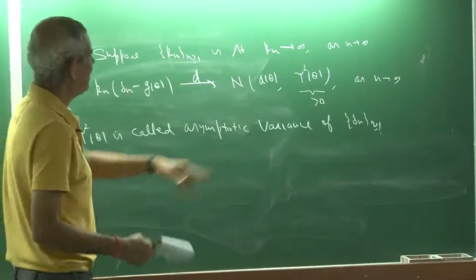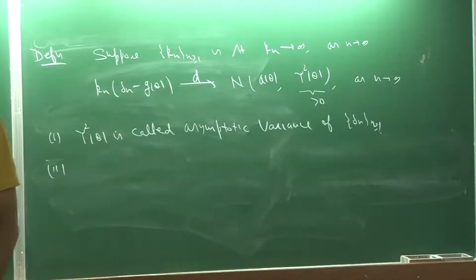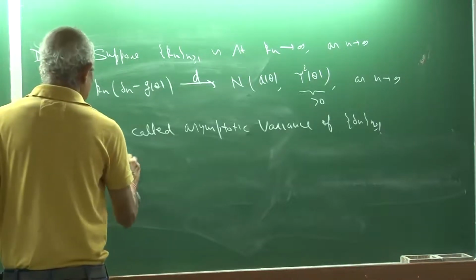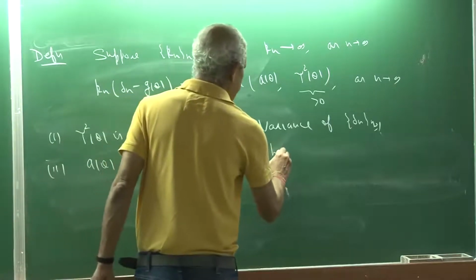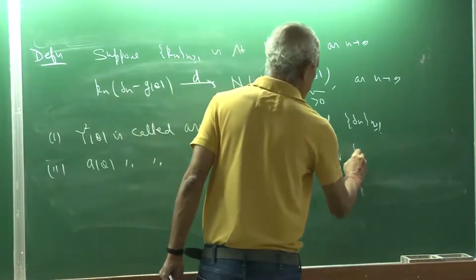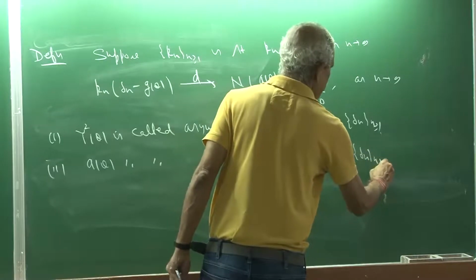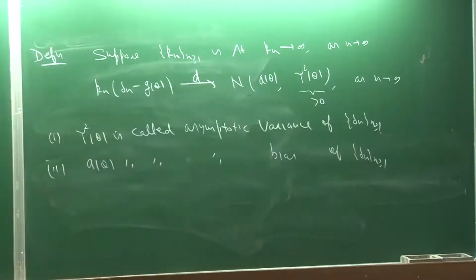Similarly, this A theta is called the asymptotic bias. So A theta is called the asymptotic bias of delta n. Note that delta n I am using as an estimator of g theta, so it is biased in that sense.